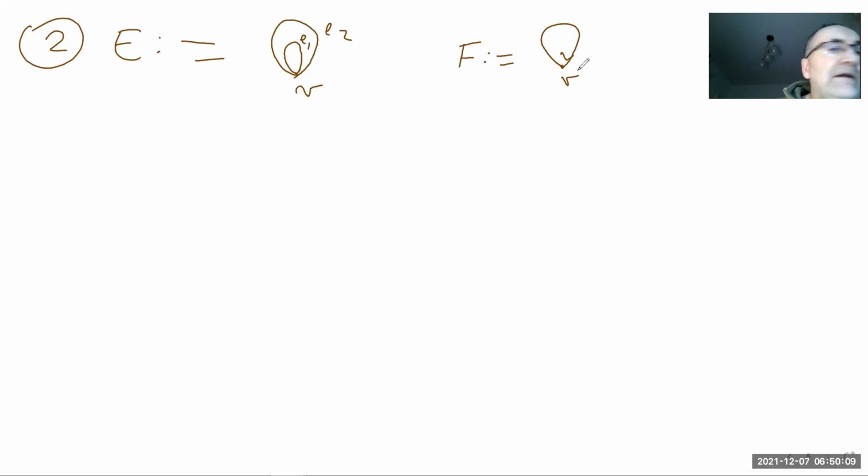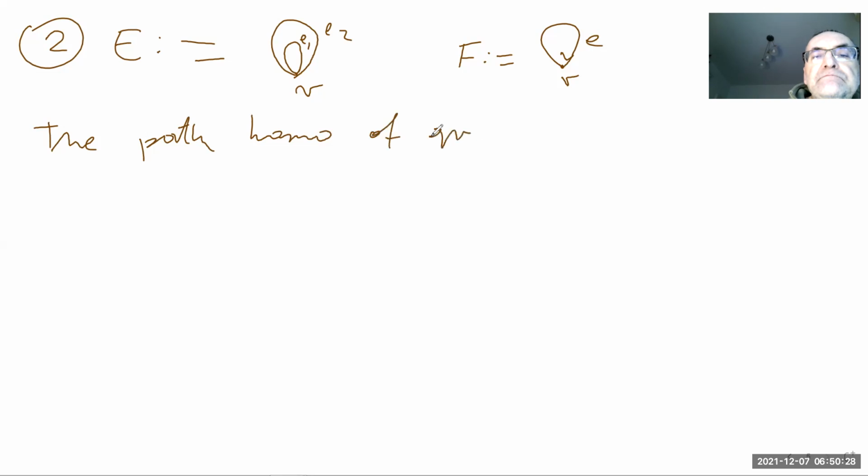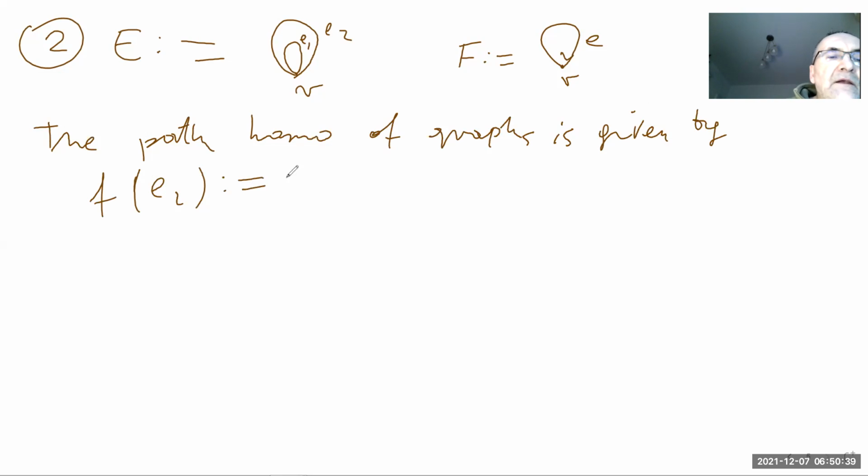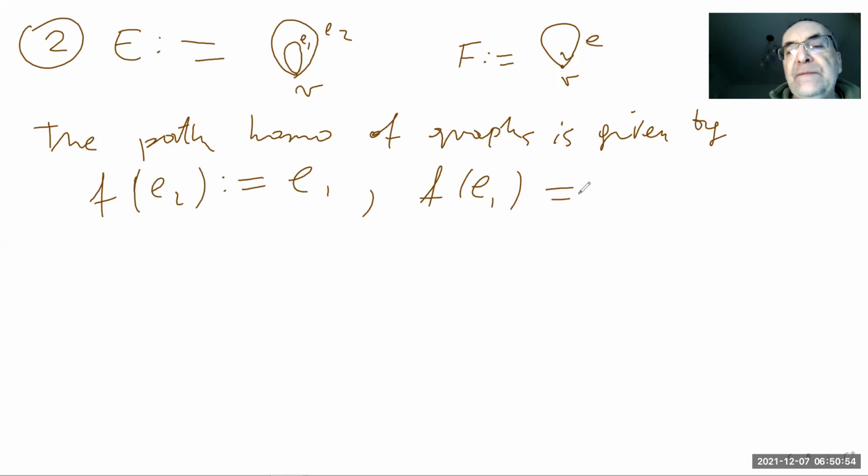So I have one vertex V and one edge E. And now I define the path homomorphism of graphs in the following way, given by the formulas f of E2 is equal to E, and f of E1 is equal to V. In other words, I'm mapping E2 to E and shrinking E1 into V. And of course, V goes to V. So when we know it on generators, we know it.